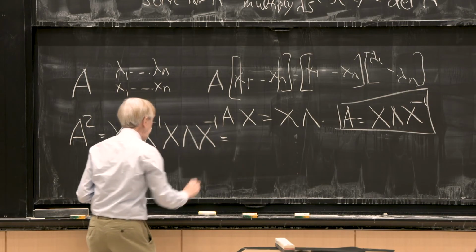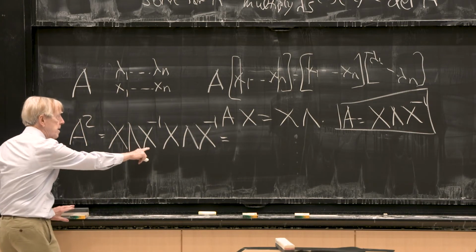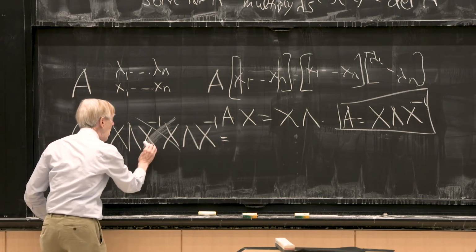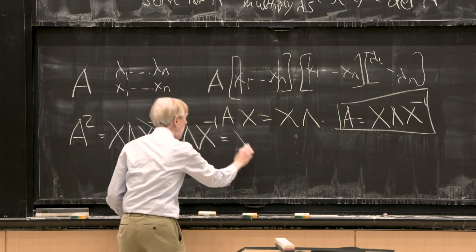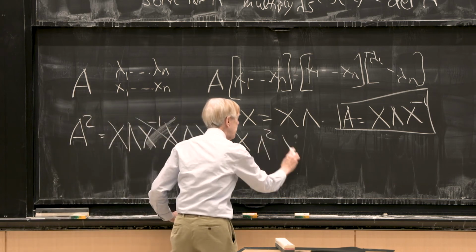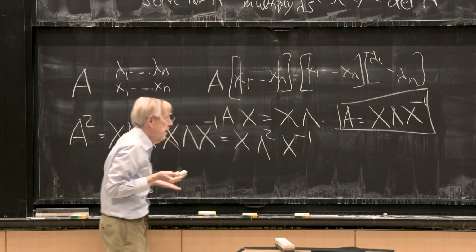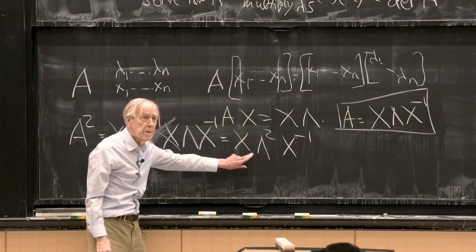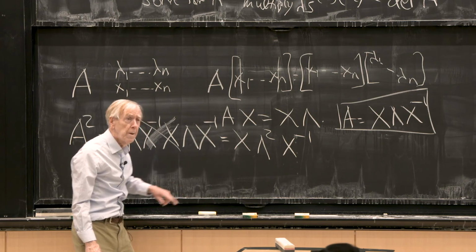And what have I got? X inverse X in the middle is identity. So I have X lambda squared X inverse. And to me, and to you, that says the eigenvalues have been squared, the eigenvectors didn't change.